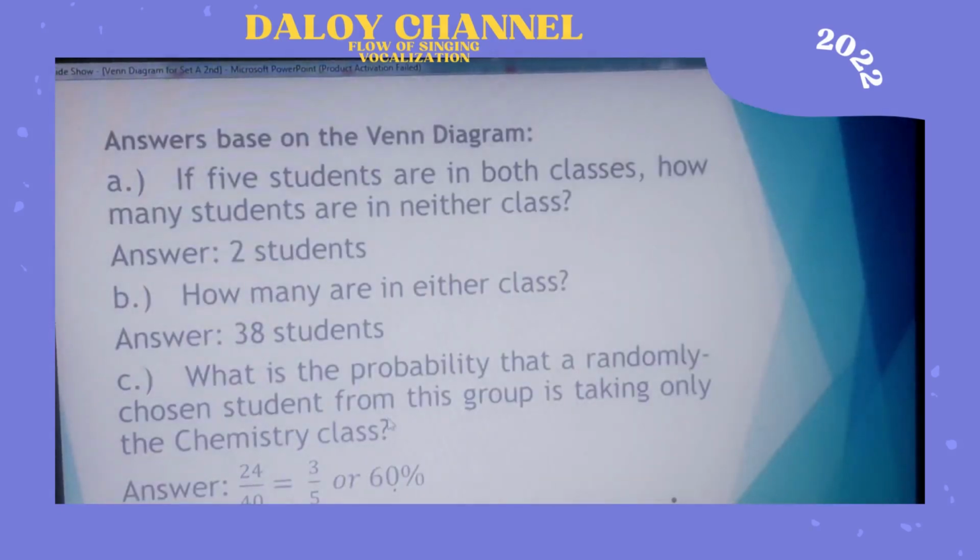Okay, so to find the probability, just divide the 24 students by 40, and we have 3 out of 5, or equivalent to 60% probability.